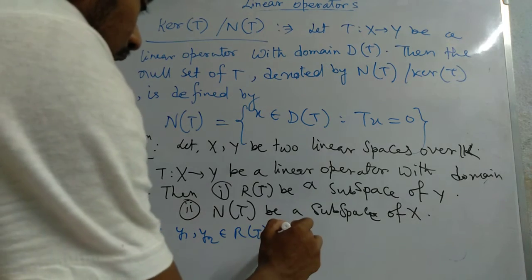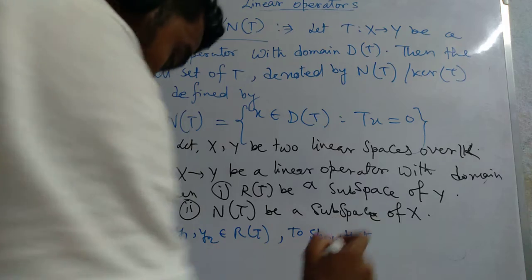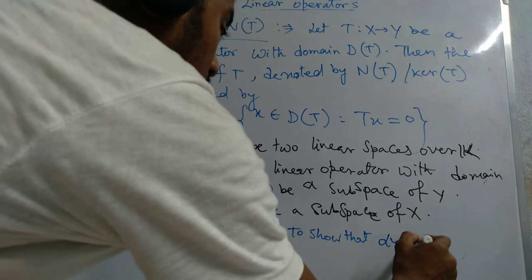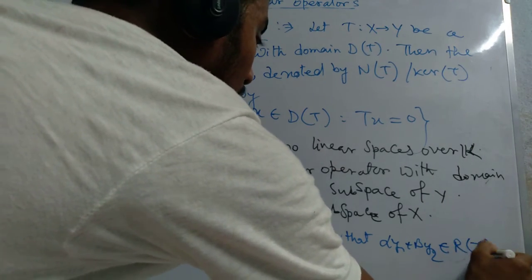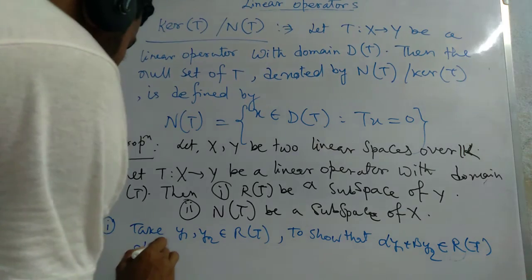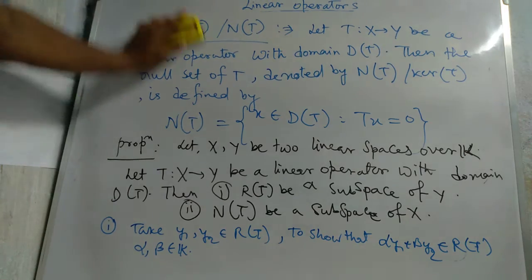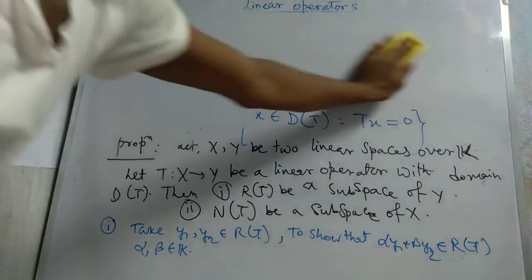Then we have to show, directly, that alpha y1 plus beta y2 belongs to R(T), where alpha, beta belong to K. Understand? We have to prove this one. Then we are done: R(T) is a subspace of Y.